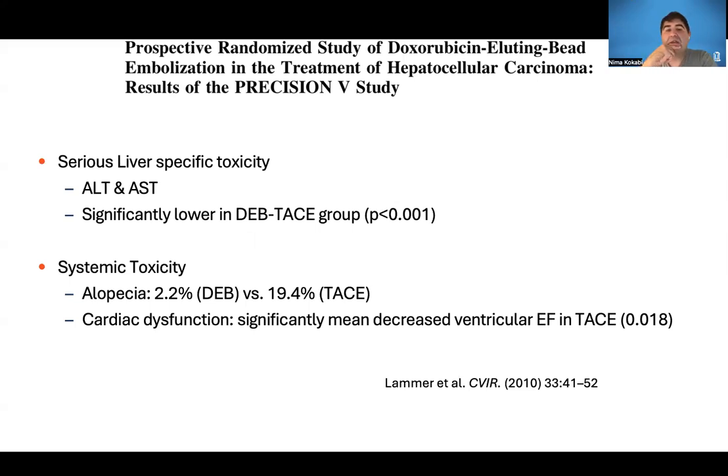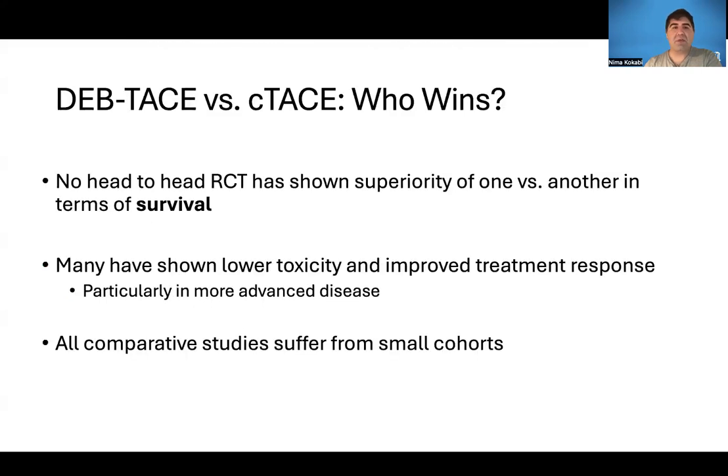For example, alopecia was only 2.2% in the deptase group versus 19.4% in the conventional group, and cardiac dysfunction was significantly better in the deptase group, because there was very little systemic circulation of doxorubicin in the deptase arm.